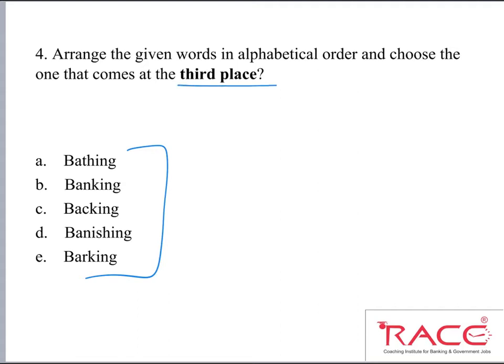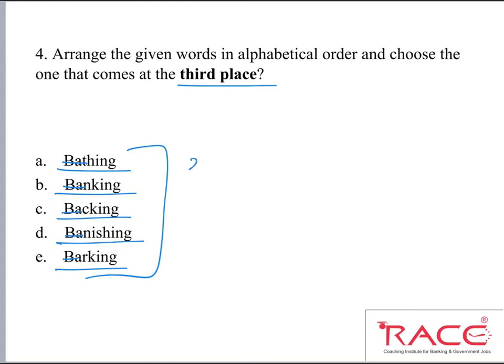So as you can see, in every word some of the letters are common. So what we have to do? We have to cancel those letters. So as you can see, first 2 letters of each word are same, BA, BA. So those 2 letters will not decide the order. Now what is the third letter here?